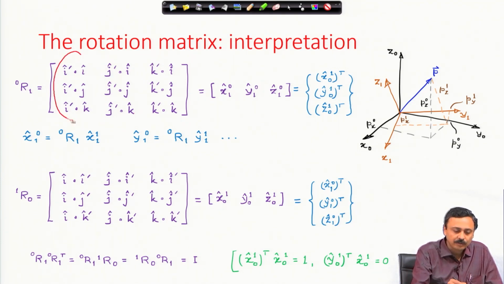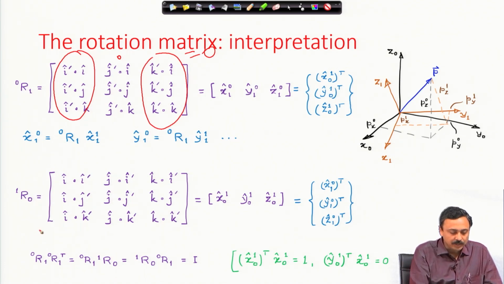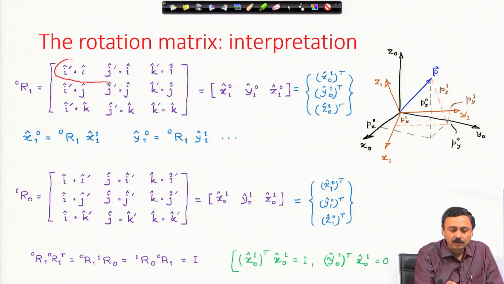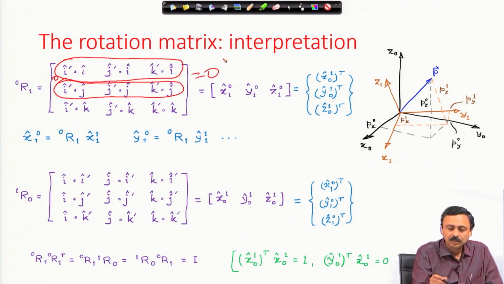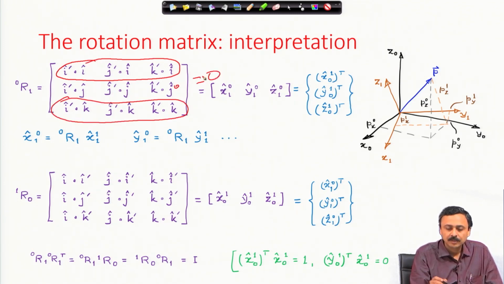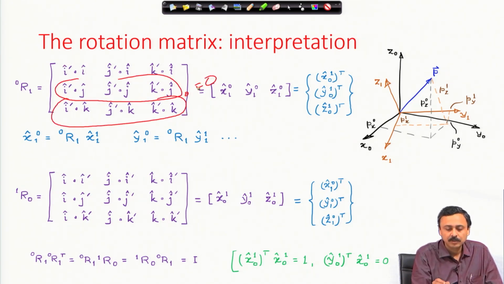Similarly, the dot product of this column and this column is 0, and because a similar thing must hold here also, the dot product of these two rows is 0. Similarly, the dot product of this row with the third row must be 0. Same thing for the second row and the third row, that also must be 0.